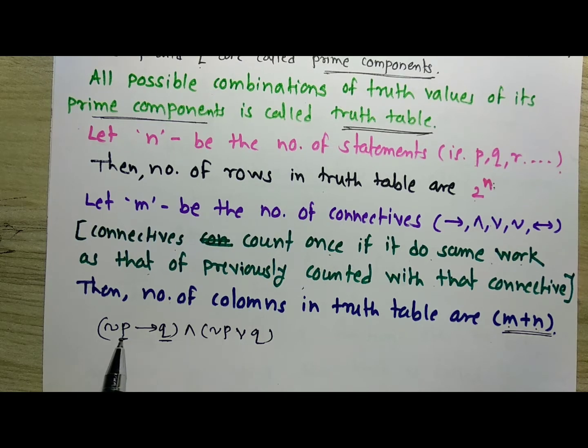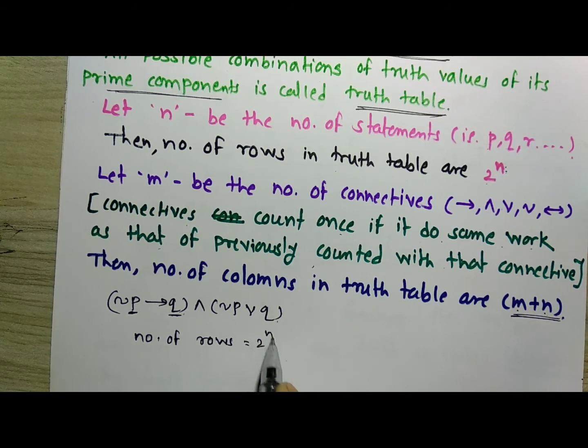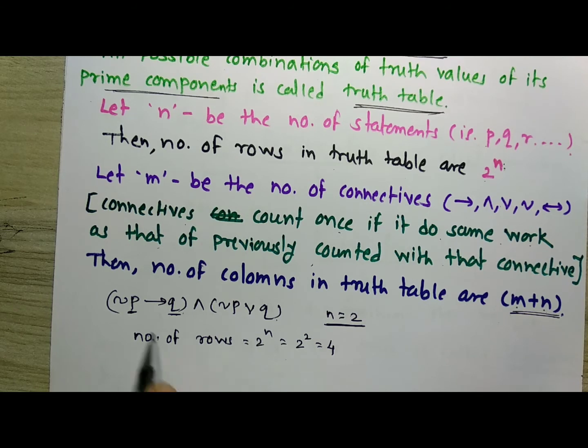Then the number of rows in the truth table of this statement pattern is 2 raised to n, and here n is the number of statements, P and Q, so n is equal to 2, and 2 raised to 2 gives 4 rows.